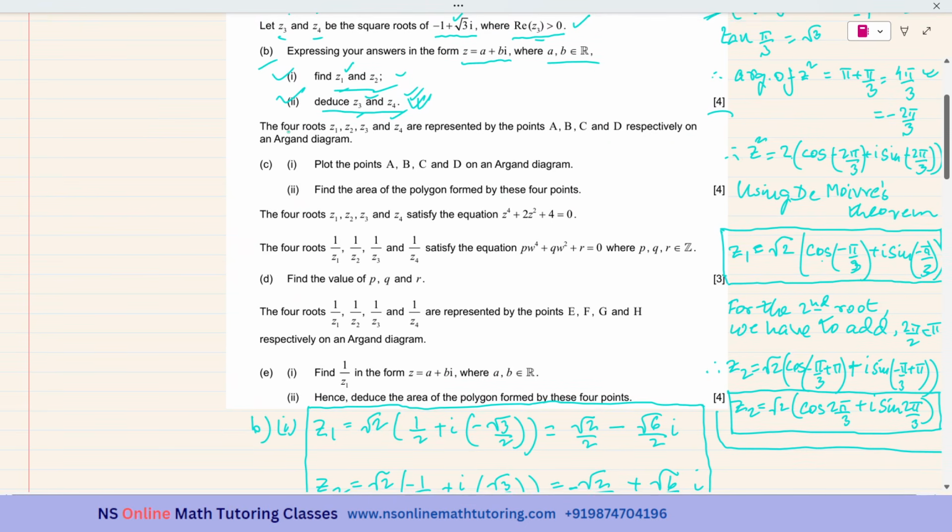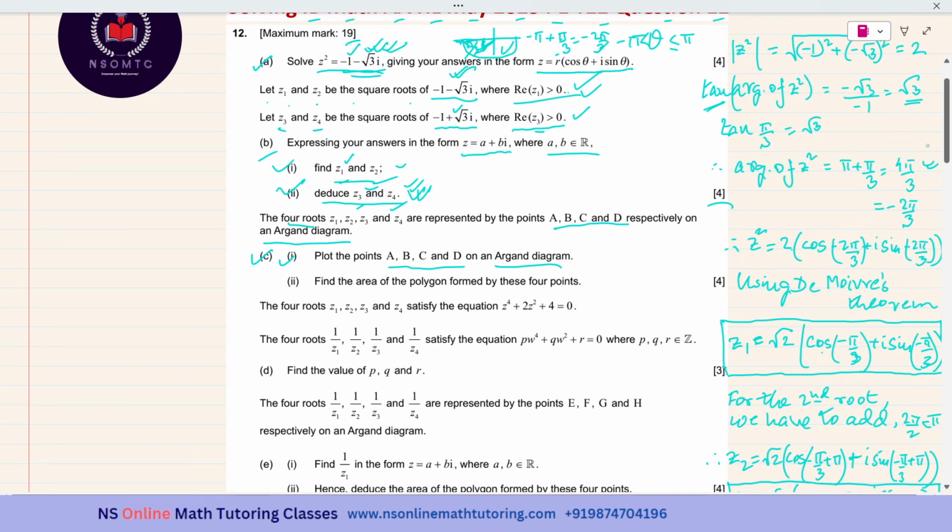Now, the 4 roots Z1, Z2, Z3 and Z4 are represented by the points A, B, C and D respectively on an Argand diagram. Subpart C has 2 further subparts. Subpart i is saying plot the points A, B, C and D on an Argand diagram. Okay, fine.